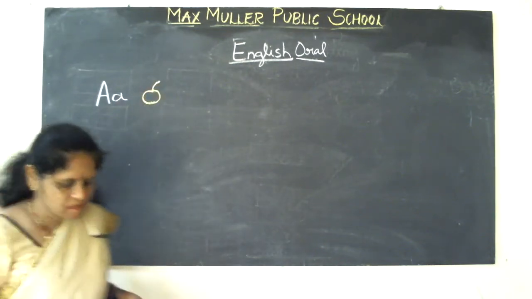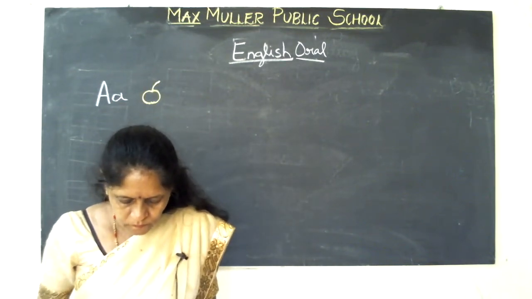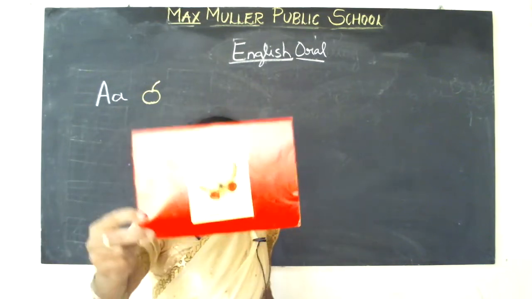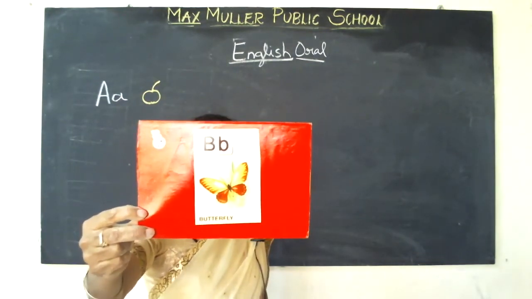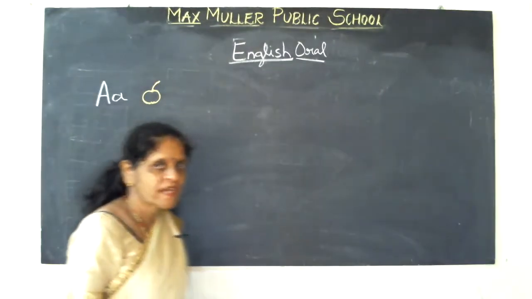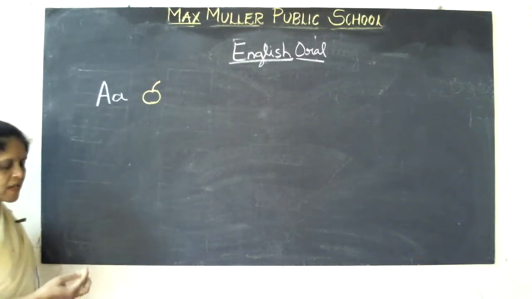Okay. Next. What letter is this? Capital B, small b. Okay, children? What did you learn? Capital A, small a.